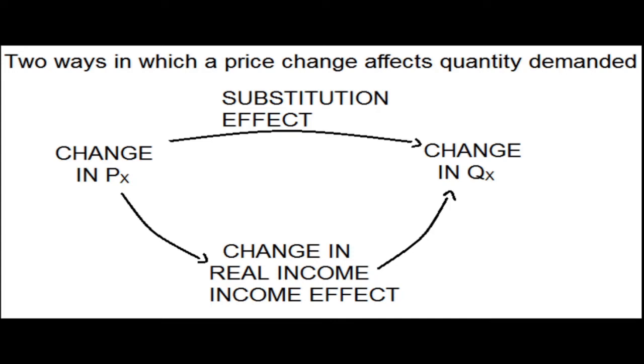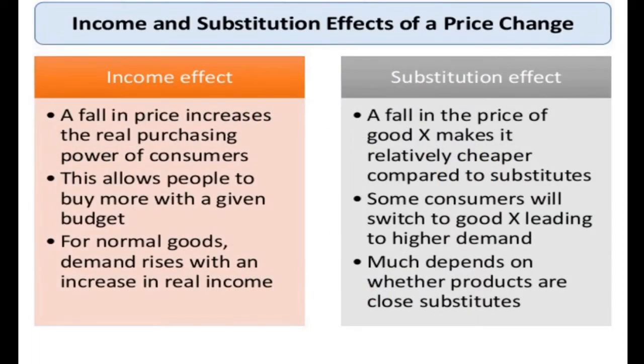So let us know about the substitution effect and the income effect in detail. Okay, so what is income effect? A fall in price increases the real purchasing power of the consumer. That is called income effect or real income effect.